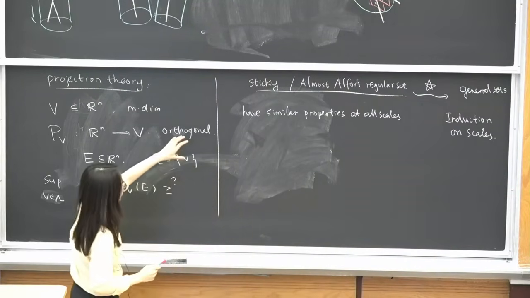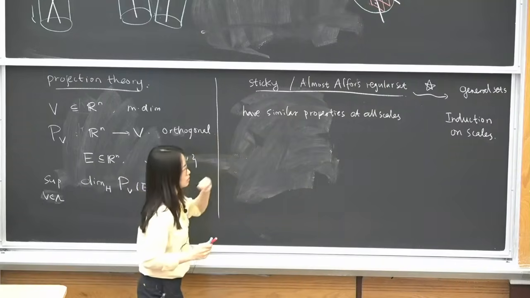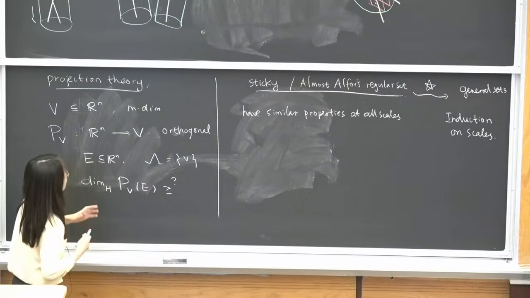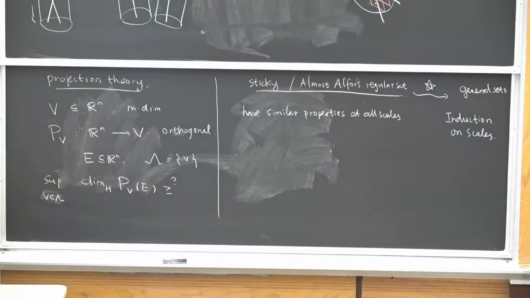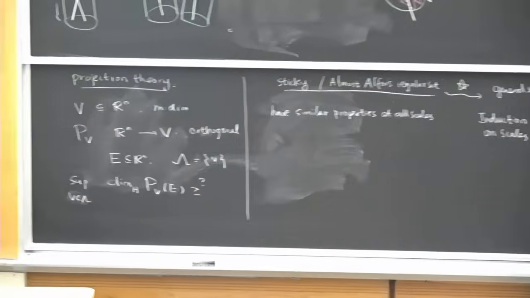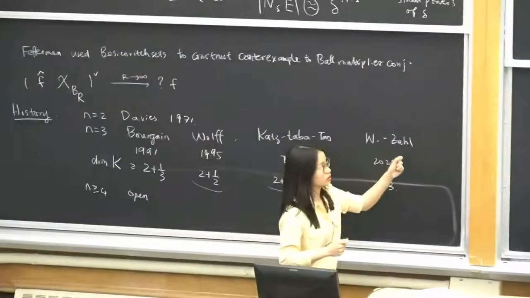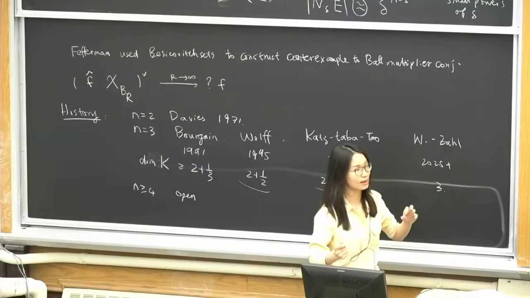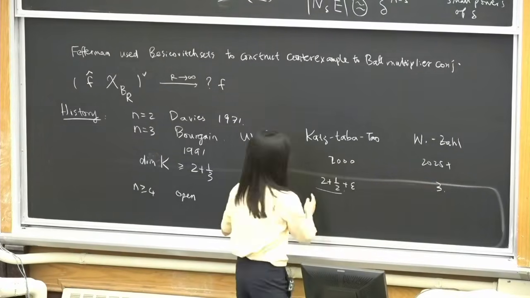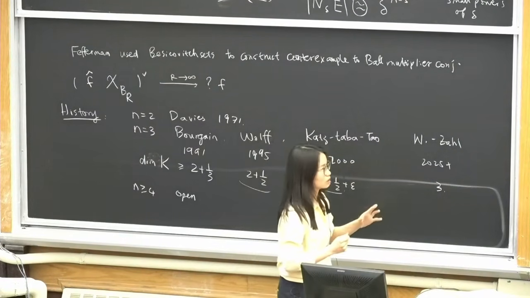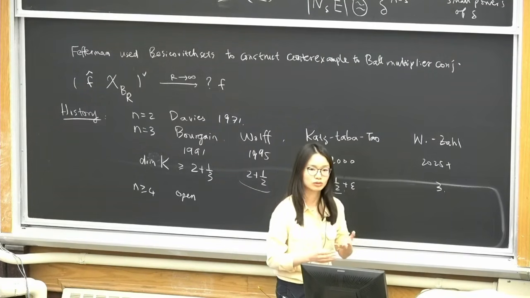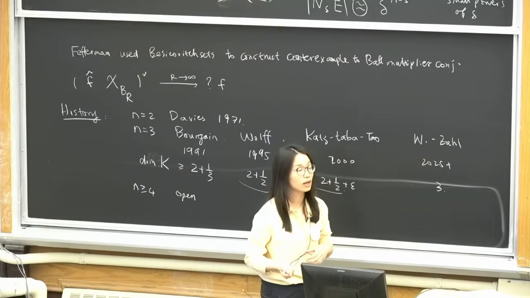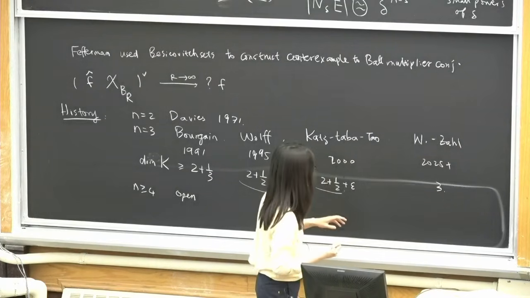So just to say why this general scheme is useful. For the Heisenberg group example, to improve this 5 halves bound, we need to distinguish the Heisenberg group and the Kakeya set. So it's very hard because we don't know what properties we can use to distinguish them.